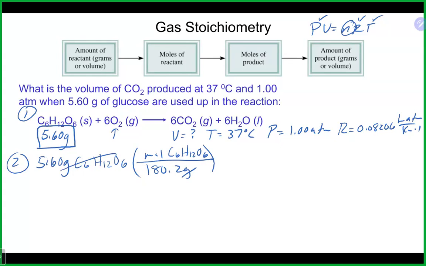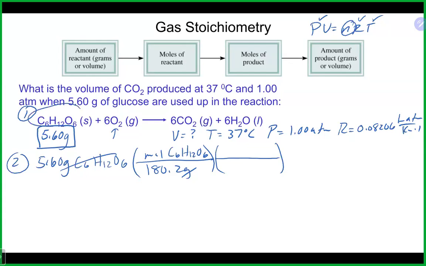The problem, though, is that in this particular problem, I'm not interested in moles of glucose. I'm interested in the moles of the CO2. And this is really the third step of stoichiometry, right? We're going to use the equation to get to the moles of CO2. If you want to get an answer at this point, you can, but I'm just going to continue on with the calculation and go from moles of glucose to moles of CO2.